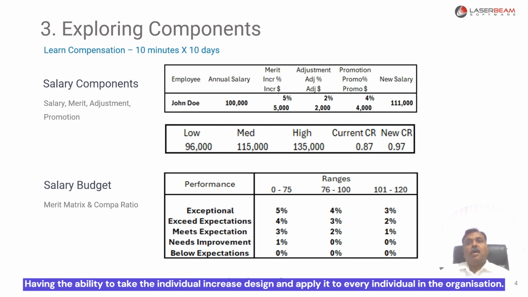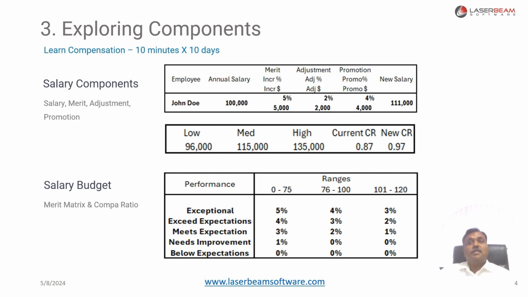So let's say John is exceptional, and you can see his current compa ratio is at 0.87, so he's eligible to get a 4% increase. So we take 4% for John and apply it against his current salary, and that becomes the target increase he would get for the exceptional job he's doing.